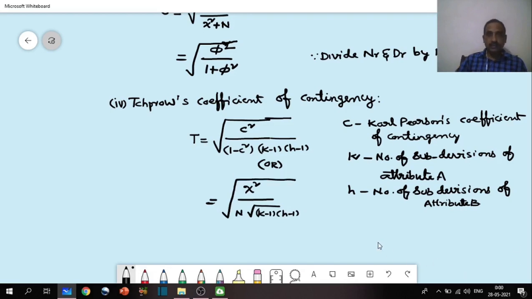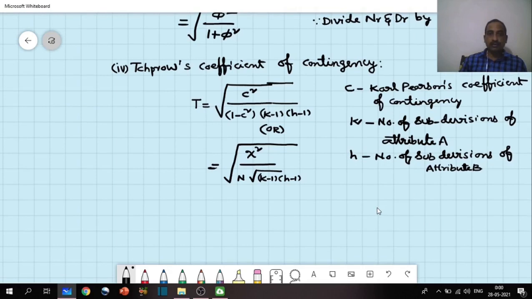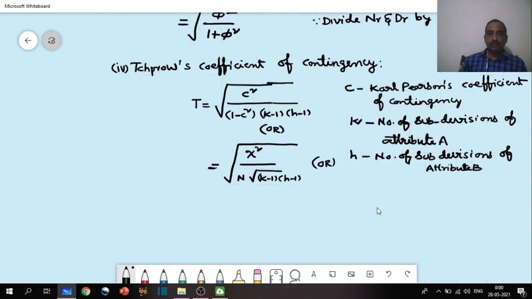Or, substituting, the square root of chi-square by N, that is phi square, by the square root of k minus 1 into h minus 1. These are called Tschuprow's coefficient of contingency.